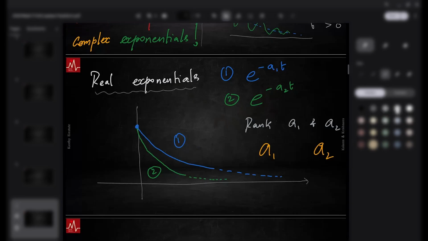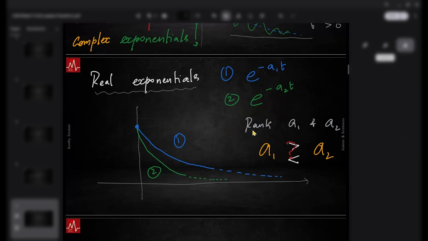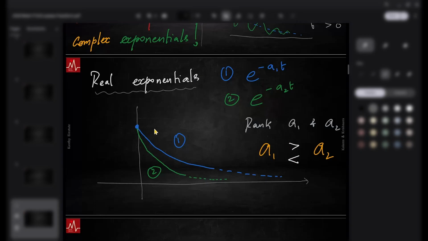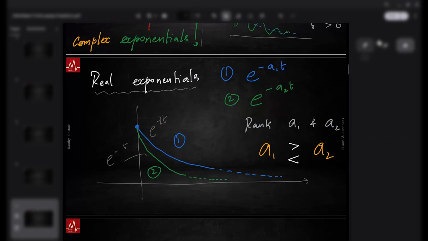Is it certainly not equal to? Is it greater than, less than? What symbol should show up here? 1 and 2, for example. See if this is e power minus t, and let's say this is e power minus 2t, does that make sense? Or should this be e power minus 2t and this e power t?